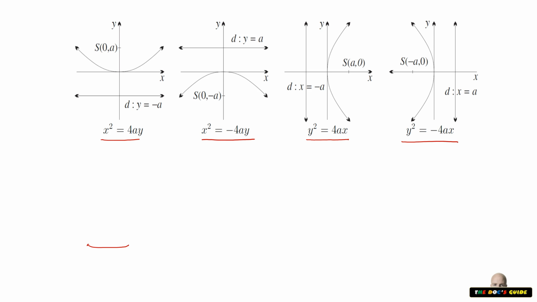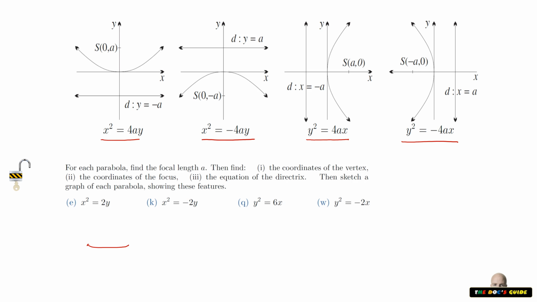All the other relationships between focus, vertex, and directrix hold, but clearly the directrix in the case of the parabola on its side is a line x equals plus or minus a, and the focus is plus or minus a, 0. So for each of these parabolas, we'll find the focal length, then the coordinates of the vertex, the focus, and the equation of the directrix, and then sketch a graph.